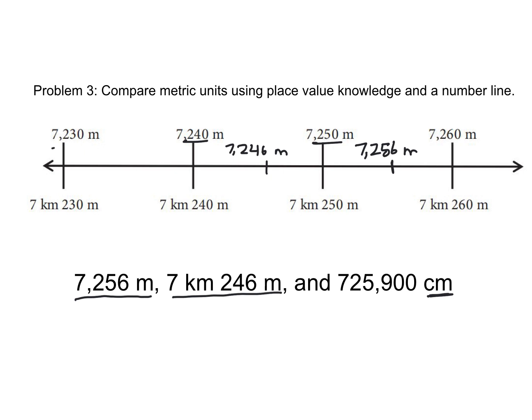So if we want to put this into meters, then we're going to get rid of those 2 zeros there. And we have 7,259 meters. So that would go right here. I don't really have room to label that, but that would be our 725,900 centimeters. So I'll just label it right under here.